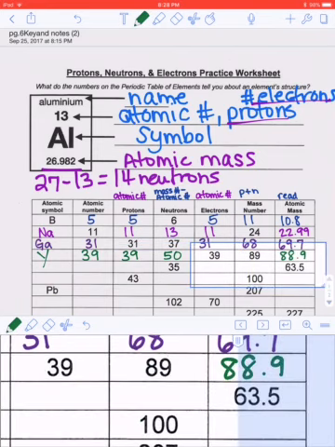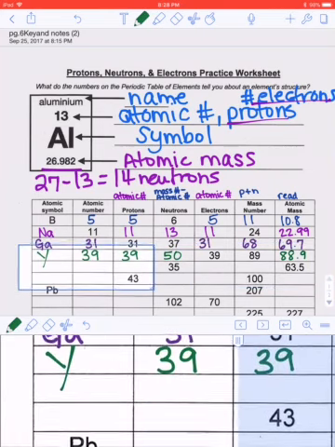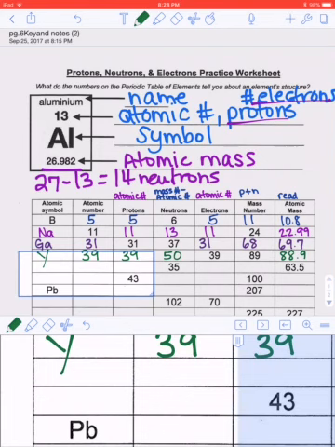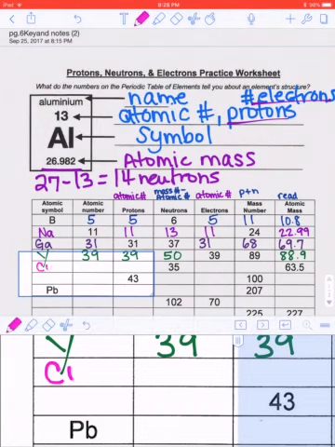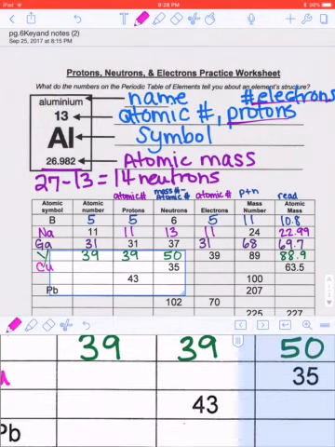Alright, so this one, it just tells us number of neutrons and the atomic mass. So you kind of have to scour your periodic table to figure this one out. Which one is 63.5? So the one that is 63.5 is copper, our favorite element. Well, it's one of my favorites anyway. So copper has 29 protons.